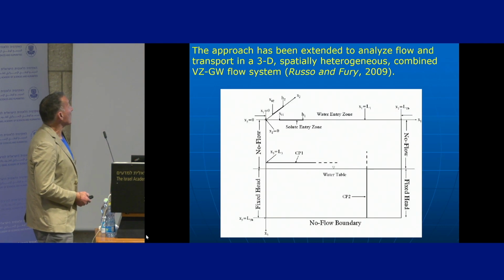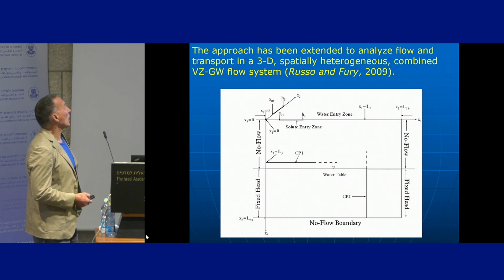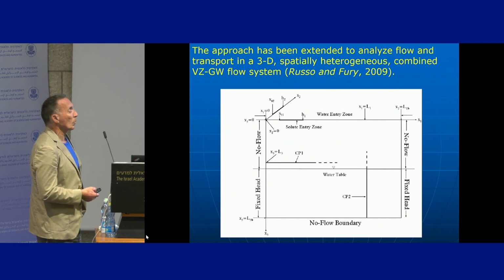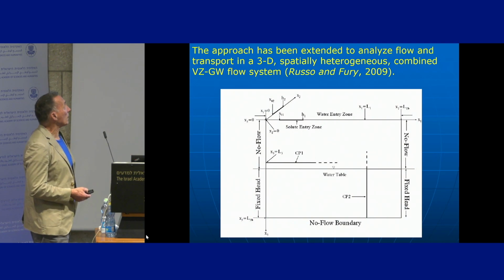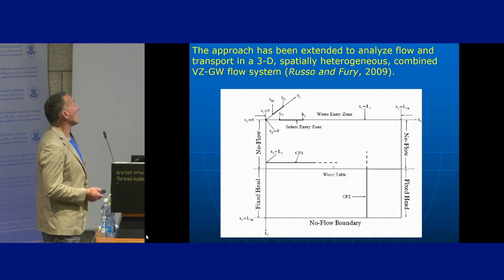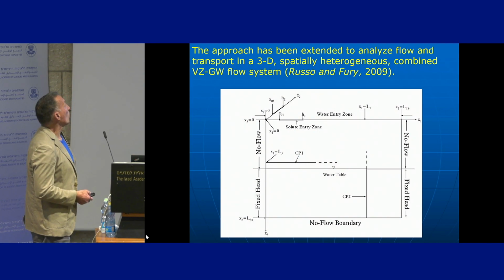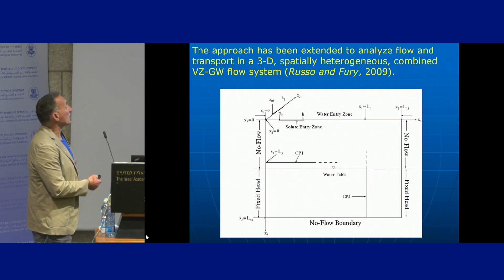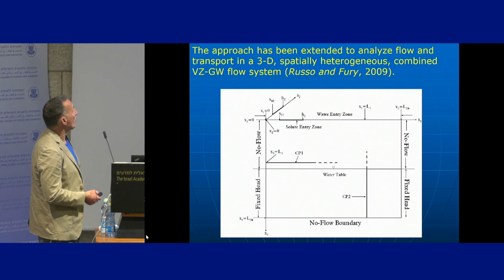An example, which is an extension of the Lagrangian approach to combined unsaturated-saturated flow, is given by a study that I conducted back in 2009 with Aldo. This is a scheme of the combined flow system.